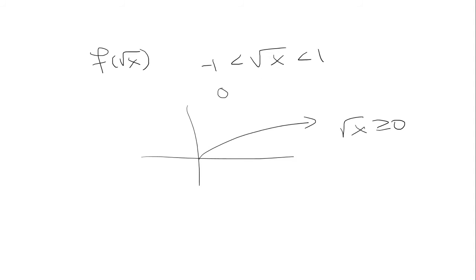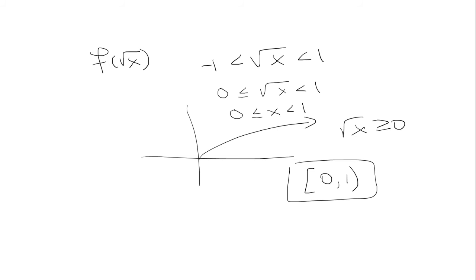So I can replace -1 with 0, and that's less than or equal to the square root of x less than 1. Square all the sides, I get 0 is less than or equal to x less than 1. And this is my domain, which I can write in interval notation as a bracket, 0, and then 1 with the open parentheses. So that is my domain.